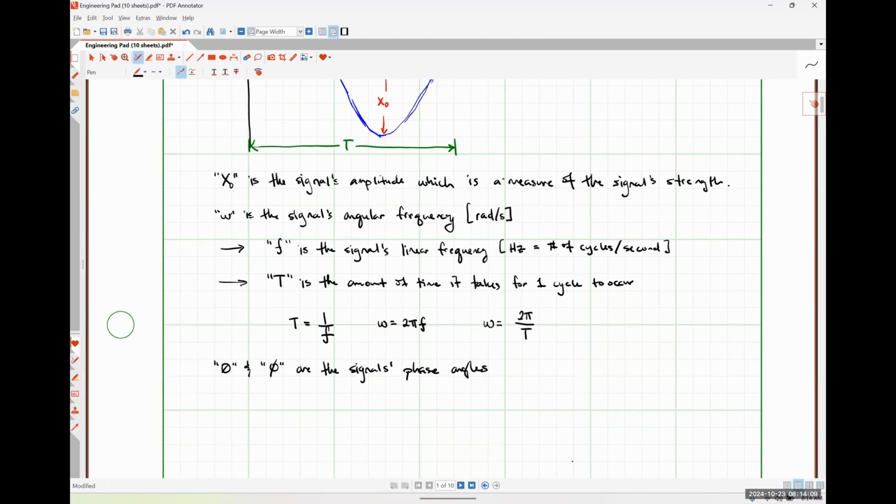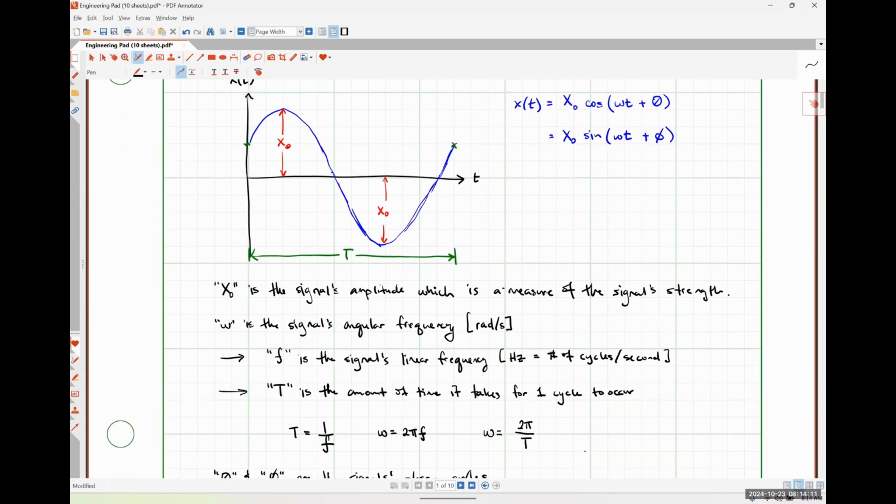So the reason why I used two different symbols, so theta for cosine and phi for the sine function, is because they're going to be two different numbers, even if they're representing literally the exact same signal, okay? So what our phase angle represents is effectively the amount of delay or the amount of advancement that our signal is experiencing, okay?